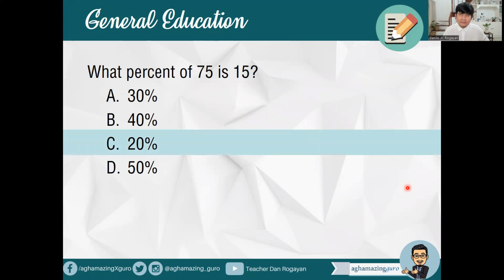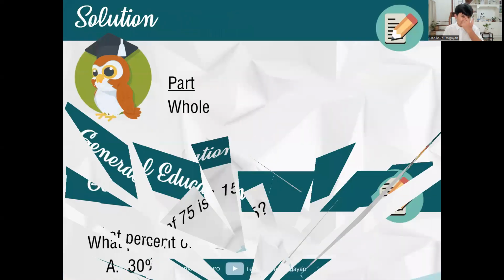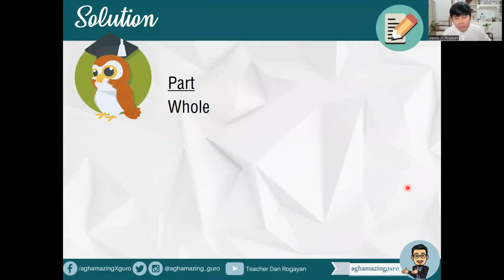Okay, so it has something to do with the part and the whole. So to represent that, the part and the whole, of course, let's represent 15 as the part of the whole, which is 75. And what we're looking for is the part percent. So percent is unknown, and that's the part, and the whole, of course, is 100%.